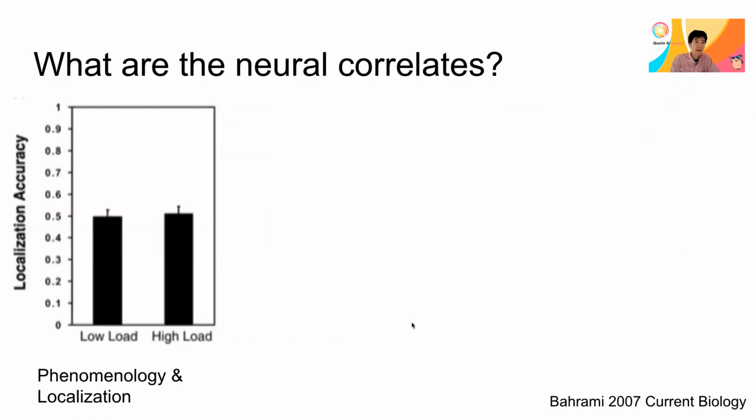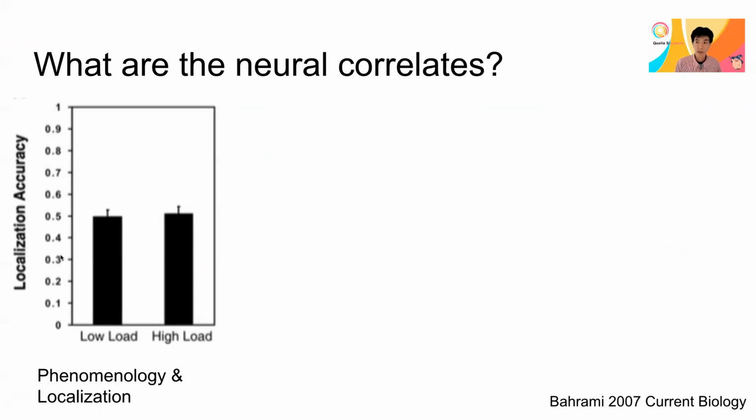Okay. So then what are the neural correlates? The first thing is the phenomenology and localization performance, right? With this CFS experiment, they made sure that nothing is visible. It's just random lines. That's what they see. And nobody noticed the object itself in this location.